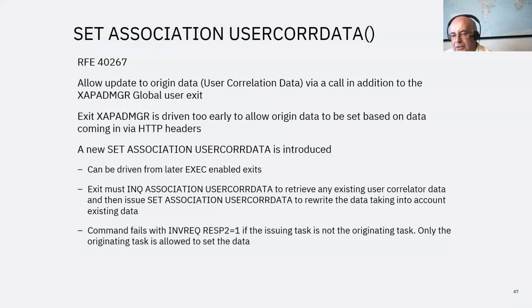But for this particular customer, the exit is driven too early because they wanted to set origin data that was coming in via HTTP headers, which they didn't get to until after the exit was invoked. And so we've allowed a new EXEC CICS SET ASSOCIATION USERCORRDATA to allow you to specify that data. You can specify an EXEC-capable global user exit that's driven later in the processing than XAPADMGR.